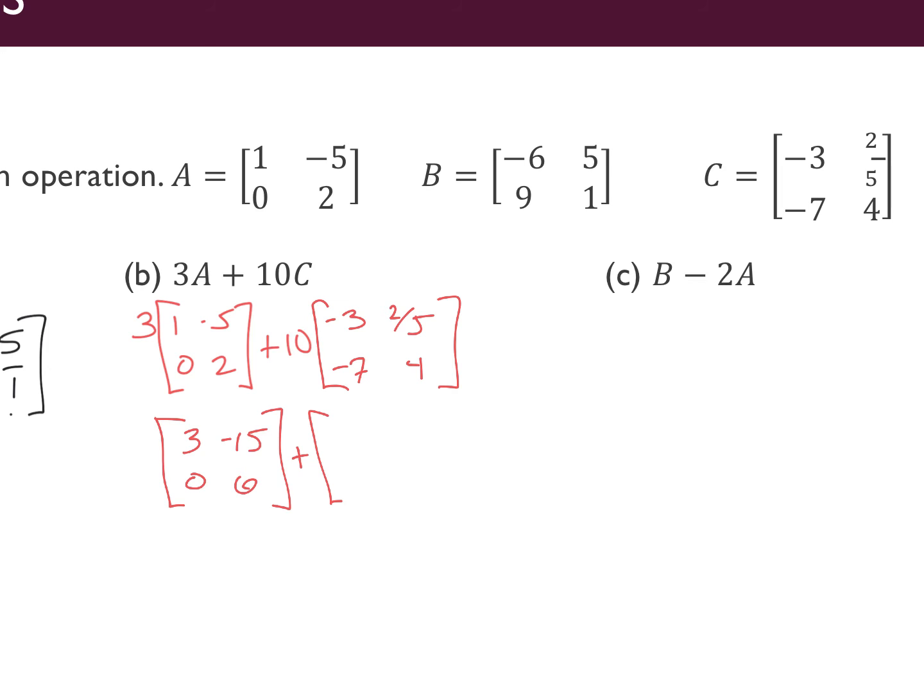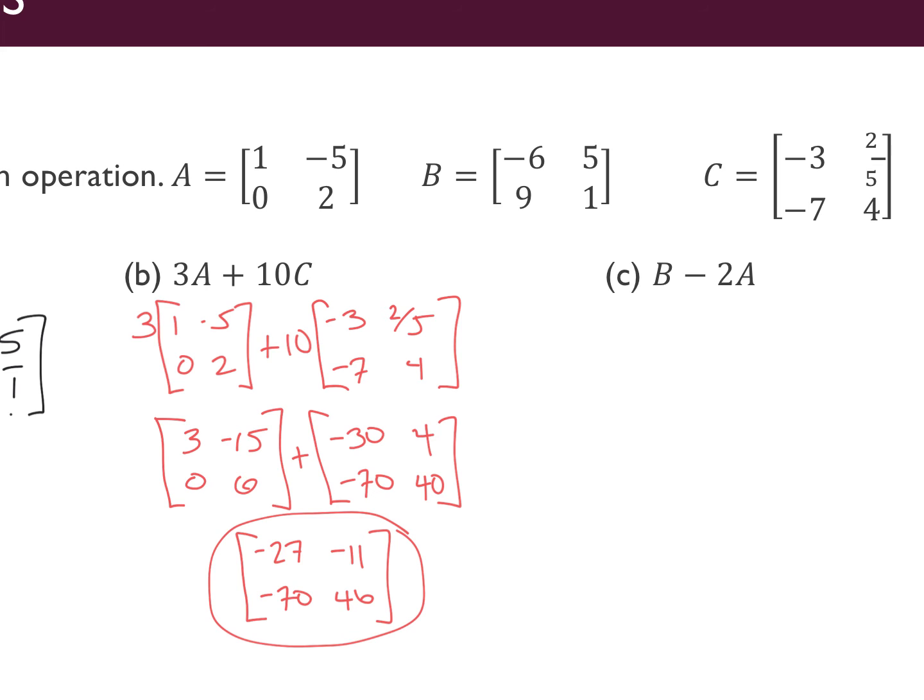Okay, so let's see, negative 30, 10 times 2/5 is 4, negative 70, and 10 times 4 is 40, and then all that's left for us to do is to add like terms like we did in letter A. So notice we will do negative 27, negative 11, negative 70, and 46. That's it.